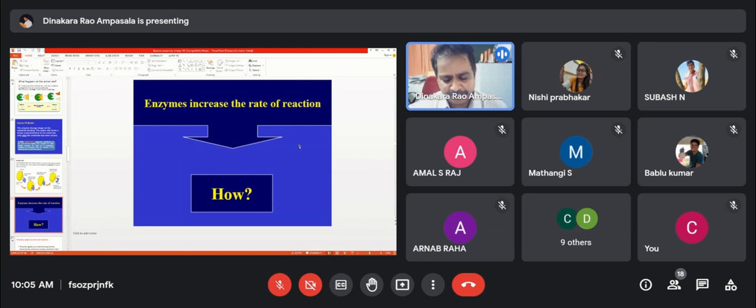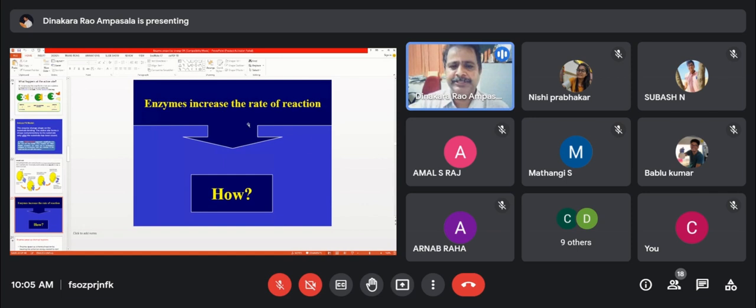Another important character is that they reduce the activation energy. By reducing activation energy and acting as biocatalysts, they increase the activity of the reaction.